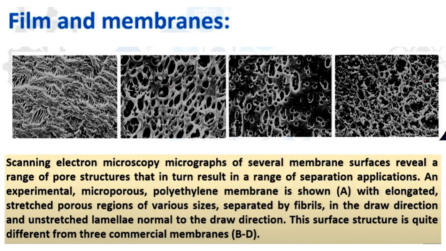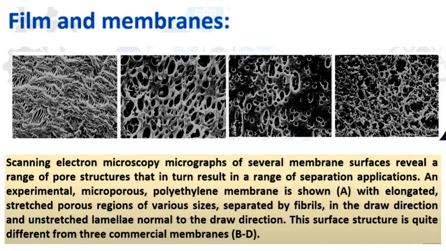Film and membrane morphology can also be detected. So this is showing a very porous type of film. It is clearly visible. And if someone is comparing how porosity is generating, so these four images that are given here, the SEM scanning electron micrograph of several membrane surfaces reveals the range of pore structure.